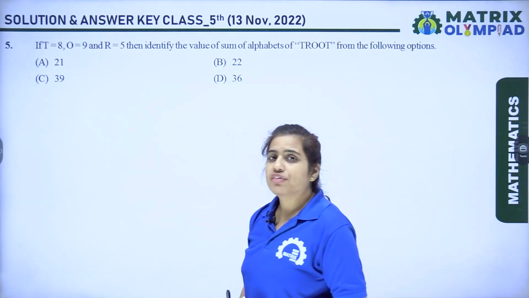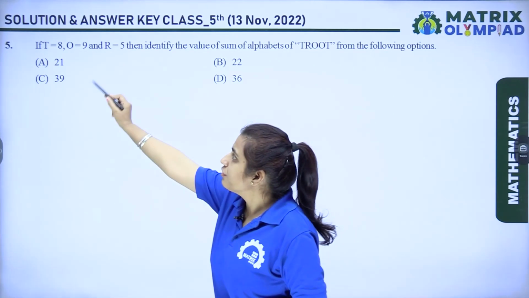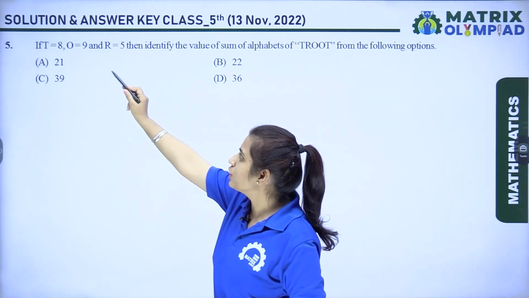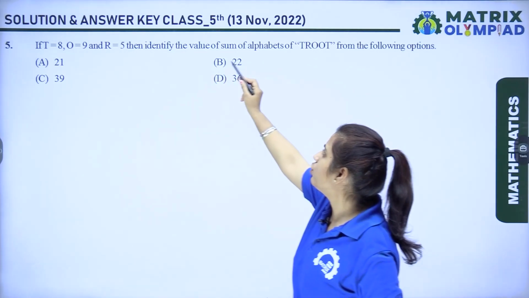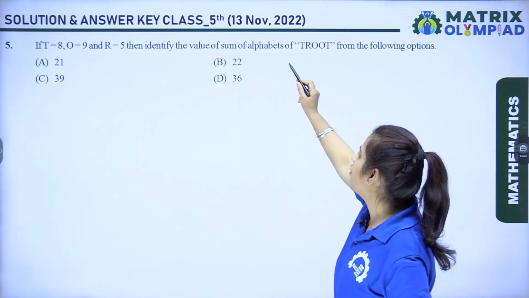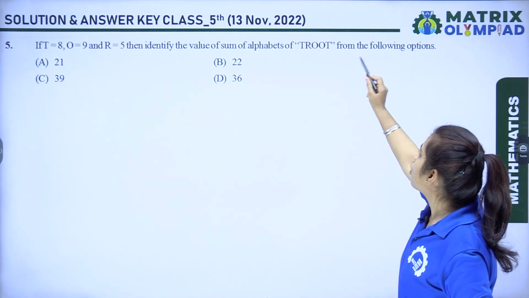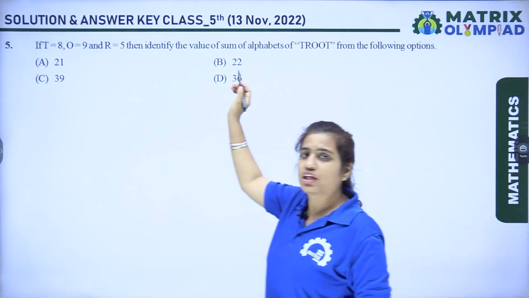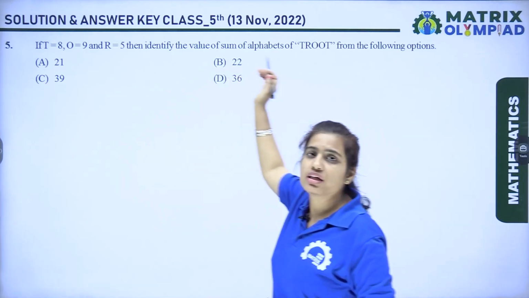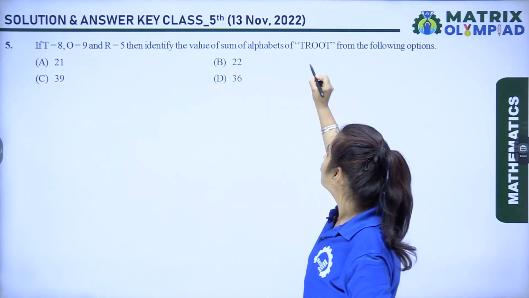Now question number 5 says that if T is equal to 8, O is equal to 9 and R is equal to 5, then identify the value of sum of alphabets of TRUTH from the following options. We have to put the value of these alphabets in the word.